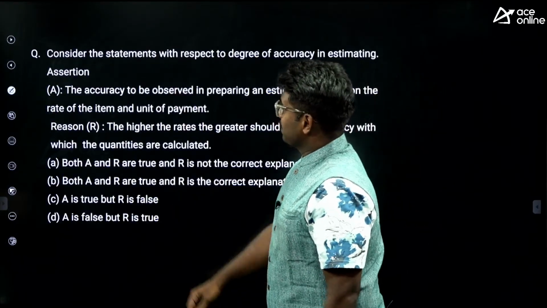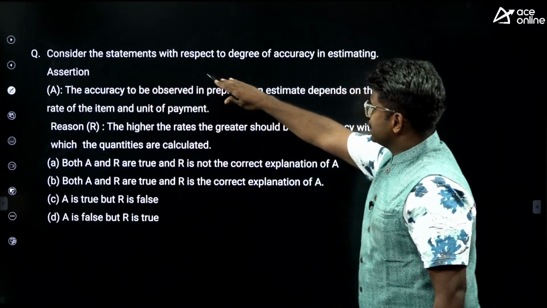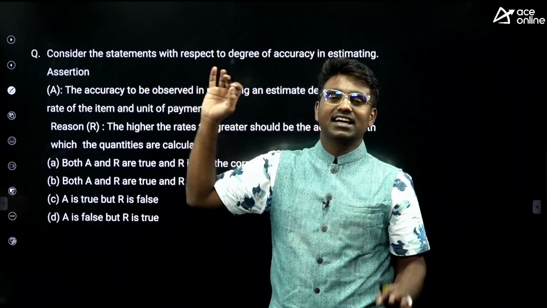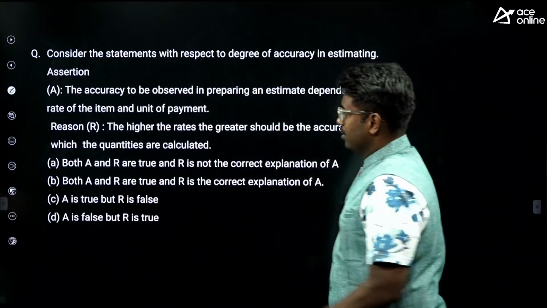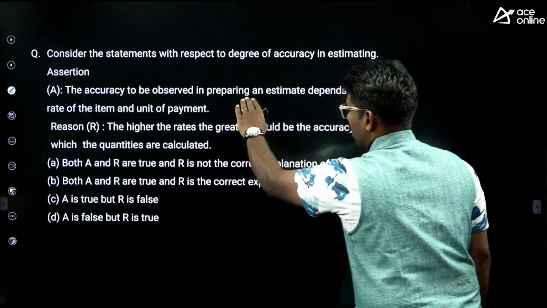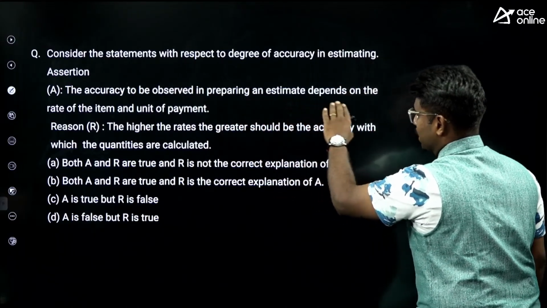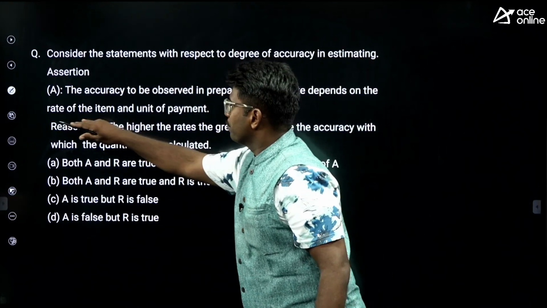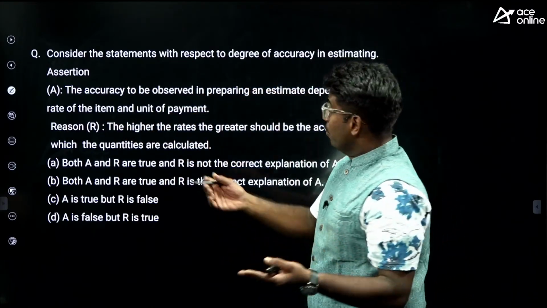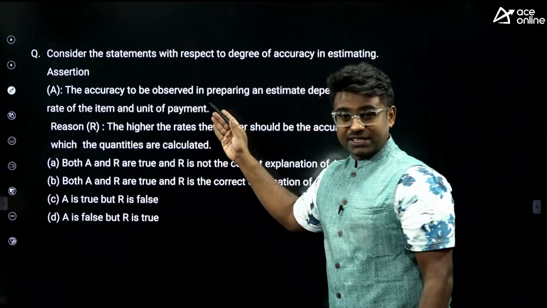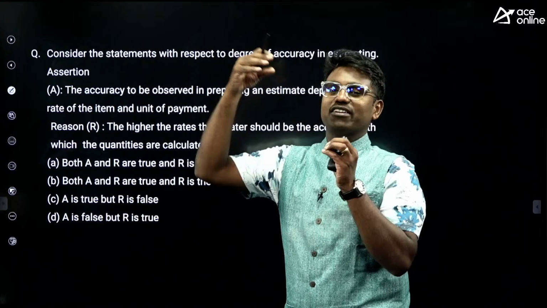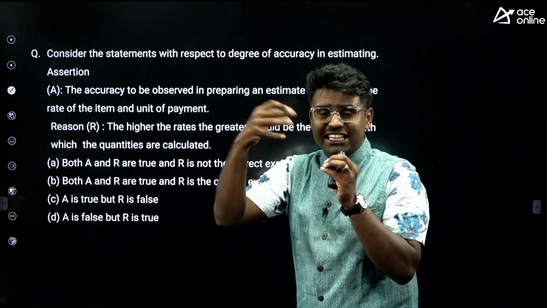Next, consider the statements with respect to the degree of accuracy of estimating. The accuracy to be observed in preparing an estimate depends upon the rate of the item and the unit of payment. As accuracy increases, the rate also increases, which is nothing but specification.